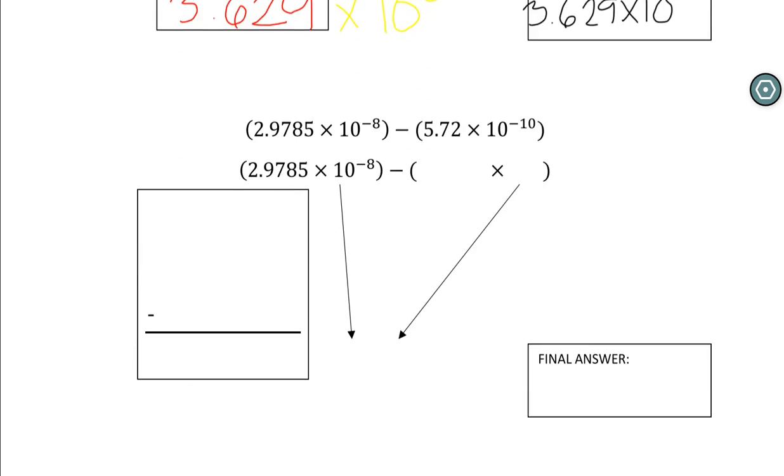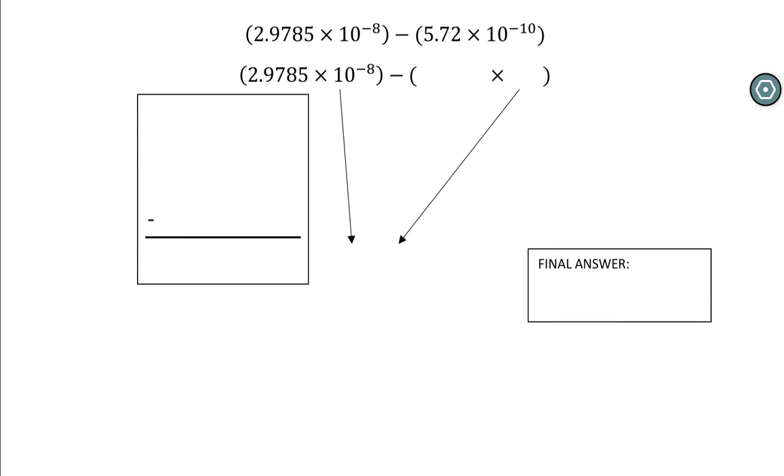Now we're going to subtract two scientific notation numbers with different powers. So we have 10 to the power of negative 8 and 10 to the power of negative 10. So again, you can just pick one, doesn't matter. We're going to do this one so it matches our notes. So I'm going to need to make a negative 10 into a negative 8.